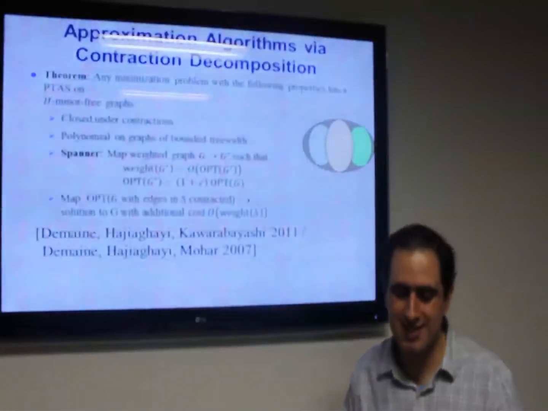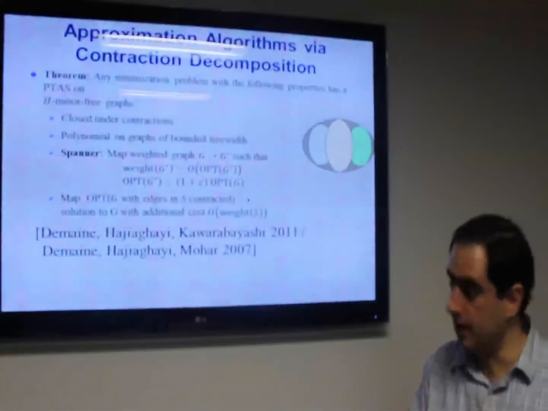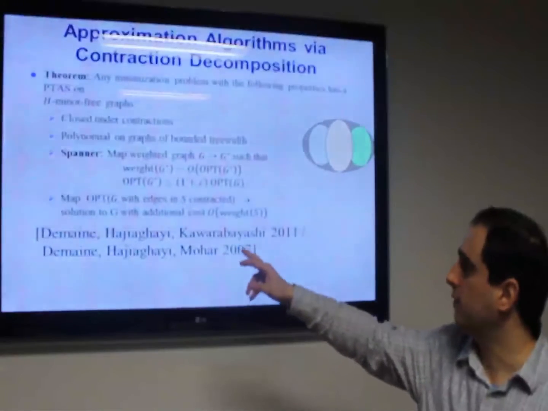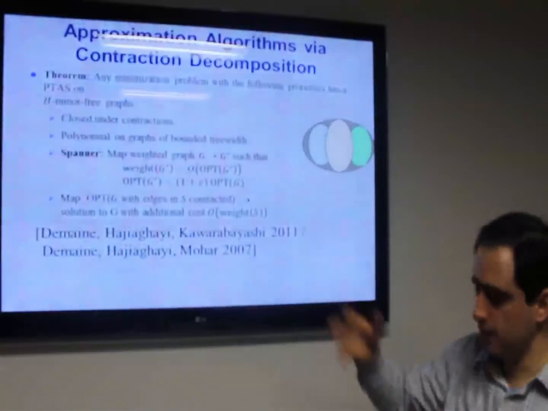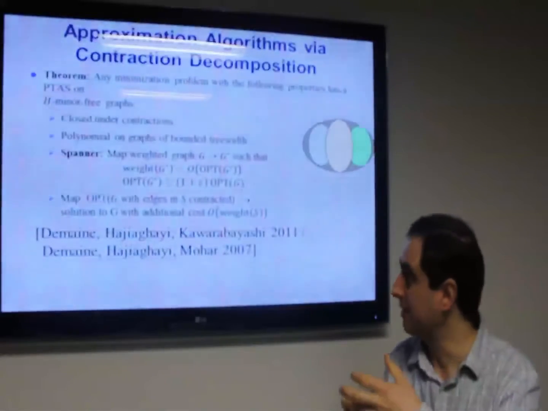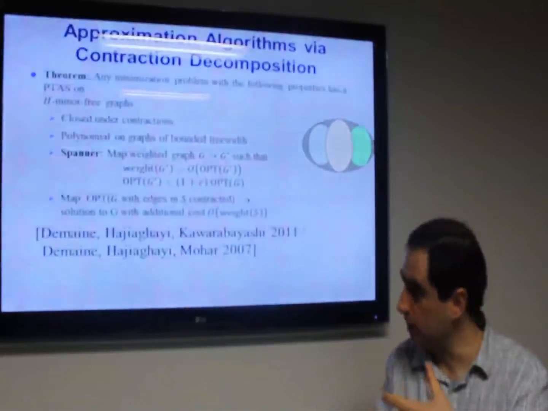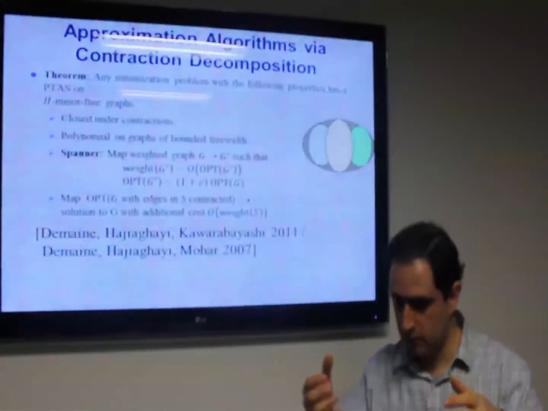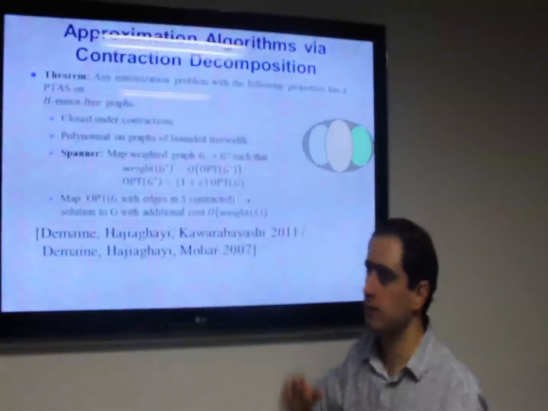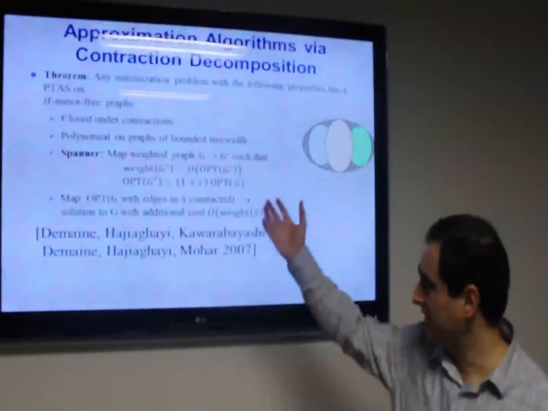In a sense, you can say this is a sketch of G. It's a smaller graph that considers G and has properties of G. And finally, if you have an optimum solution in a graph G where a set S of edges has been contracted, you should be able to get a solution to the whole graph with the cost of that optimum solution plus order of the weight of the edge set S. This is a general theorem.